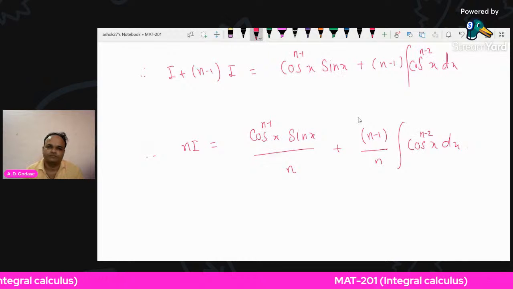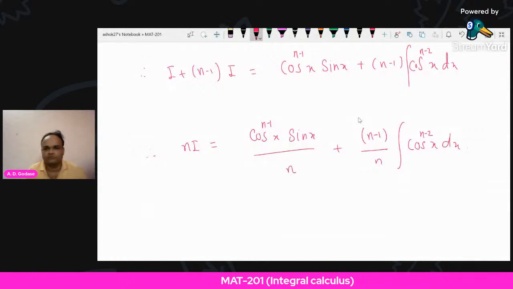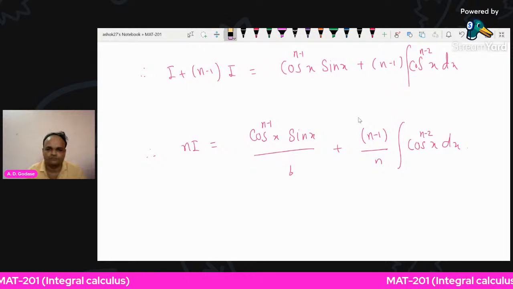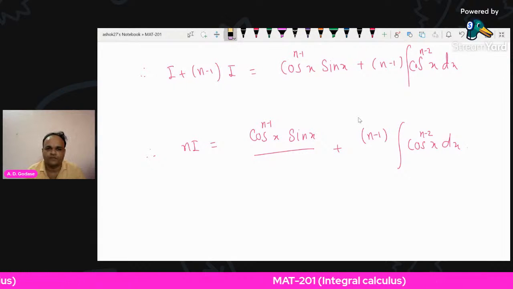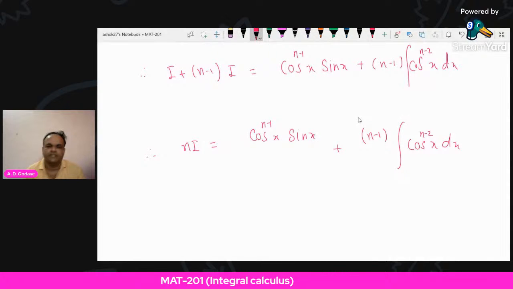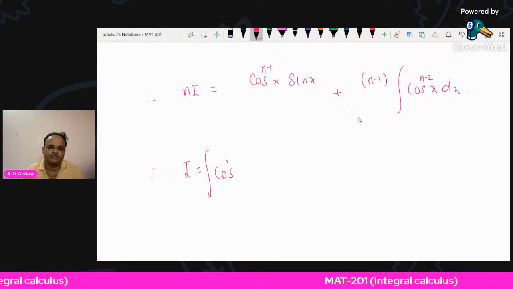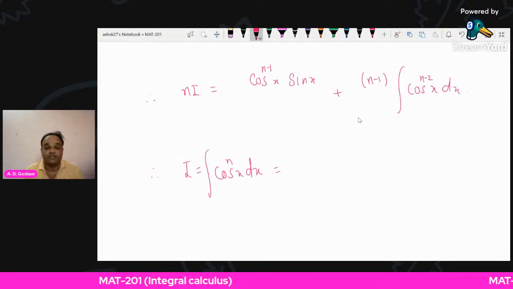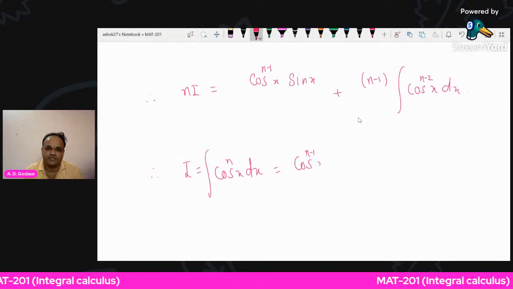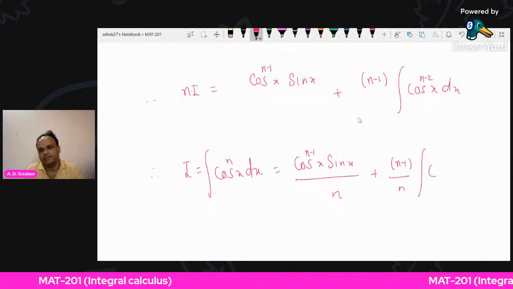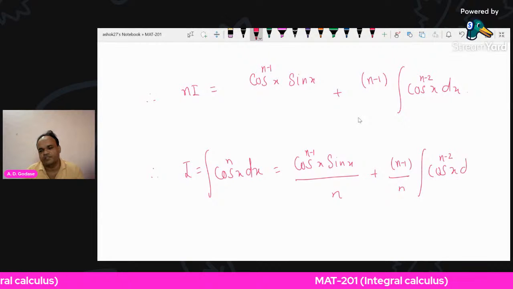So here, sorry, I'm dividing it by n. So the resulting integration will be I, that is integration of cos raised to n x dx, and after dividing both sides by n, you will get cos raised to n minus 1 x sin x whole divided by n plus n minus 1 divided by n, and it is integration of cos raised to n minus 2 x dx.